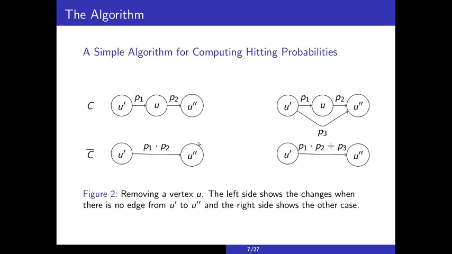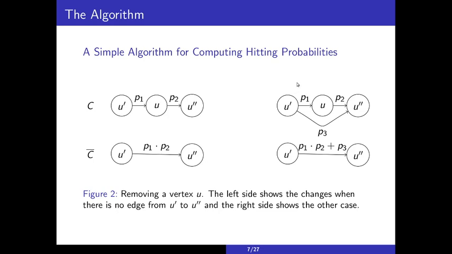In the first case, in order to eliminate U, we can simply draw an edge from U prime to U double prime with the probability of P1 multiplied by P2. So finally, we would have U removed and the probability P1 multiplied by P2 added as a new edge from U prime to U double prime.